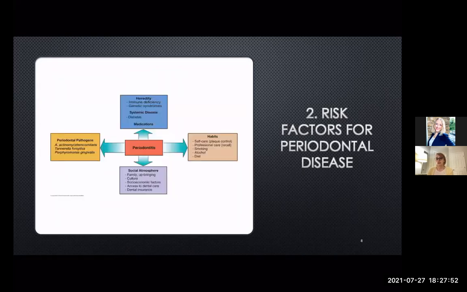This is a great way to just look at the different risk factors for periodontitis specifically. Social atmosphere: what kind of attitude was there toward dental care in the patient's home life as they grew up? What's their culture? Do they believe in replacing missing teeth? Do they believe in extracting teeth that are no longer vital?